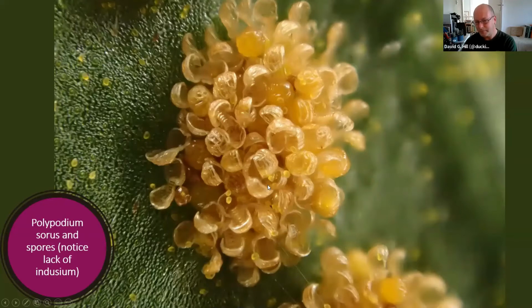And in some genera, we actually have to use either the structure of the sporangia, this little football-shaped structure, or we need to look at the spores to confirm identification. But a lot of species we can do without resorting to a microscope.